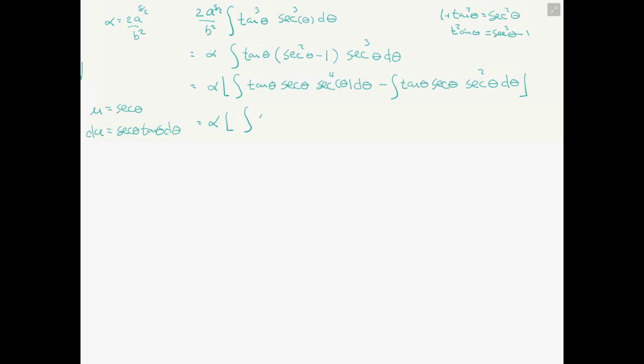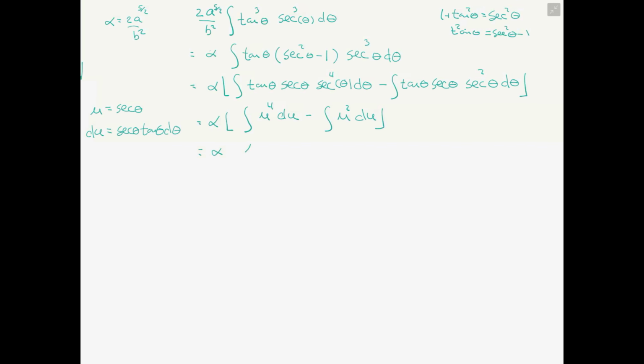And so we end up with alpha times the integral of u to the fourth du minus u squared du.